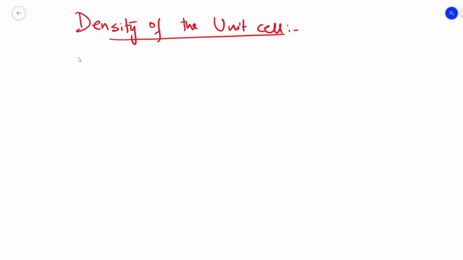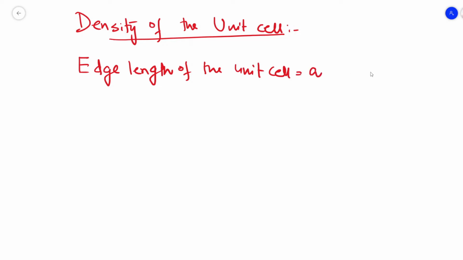Suppose I consider the edge length of the unit cell is a. Now density you can express by d or by rho also. So density is d.